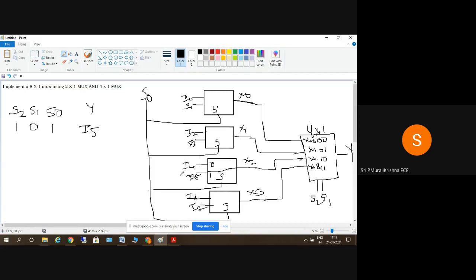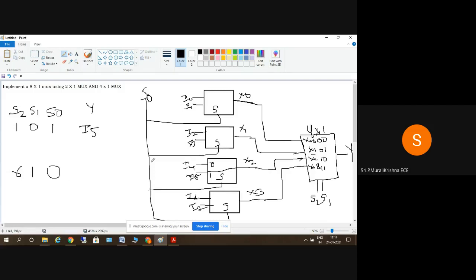You have to check in your block diagram whether that is verified or not. Okay, so if I take the selection lines as 1 0 0, sorry, 0 1 0. So 0 1 0 means S2, S1 is 0 1, so x1 will be selected, so Y will be x1 here. And x1 comes from this multiplexer, this is back tracing.